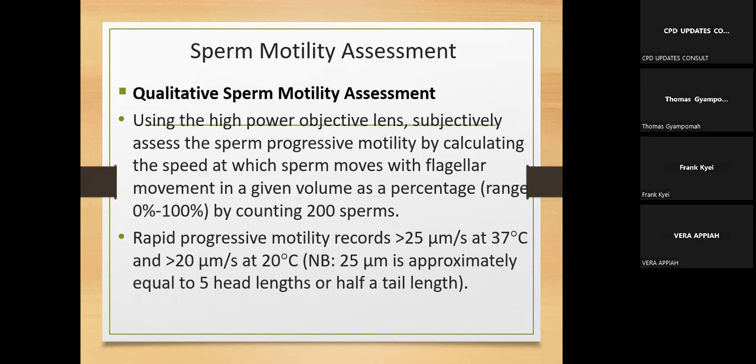And therefore, those who are normal are actually normal from all aspects, based on the normal characteristics. So you need to know some of these sizes so that if you say that you are going to look at the morphology and you are using a strict criteria, then the strict criteria says that the length of the tail should be around 50 micrometers.